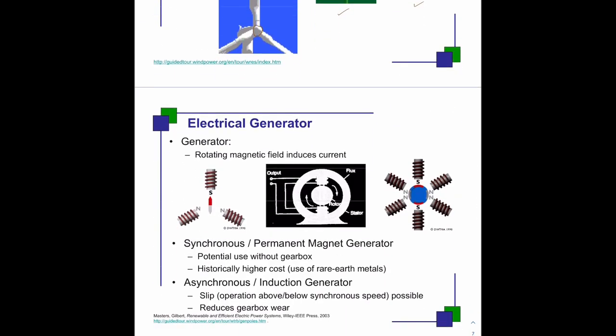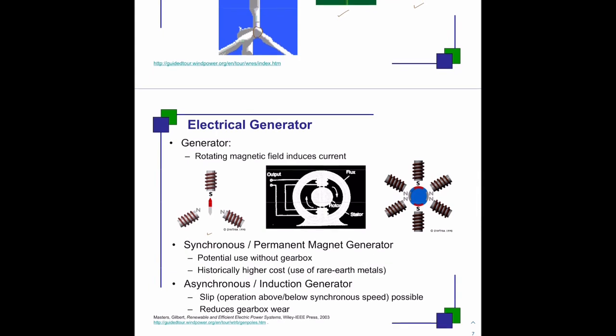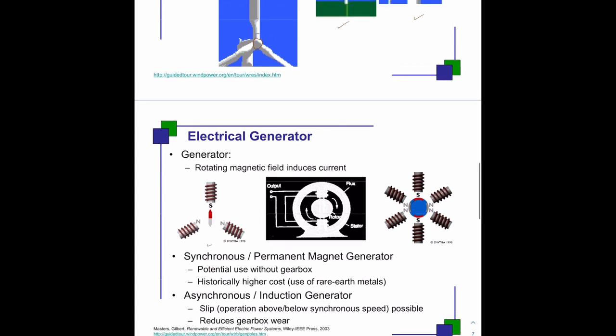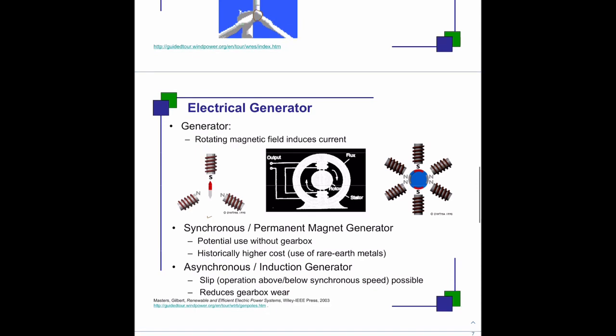So, electrical generator. Actually here we have a rotating magnetic field that induces current. While a magnet is rotating, it could induce a current. That's how we could get electricity also. It's a generator as well.